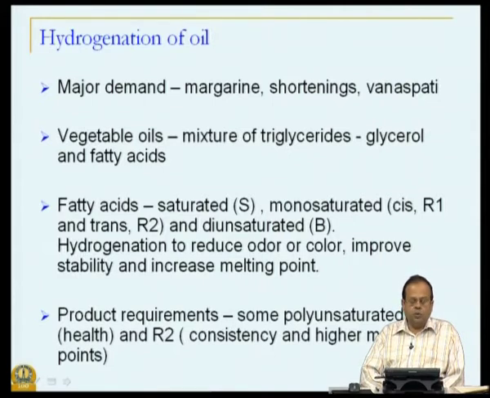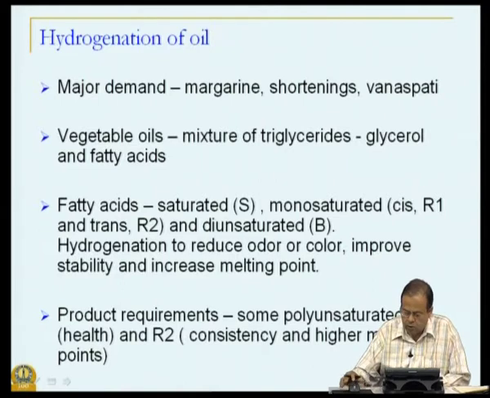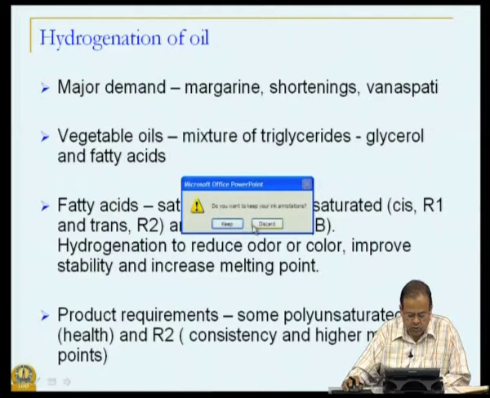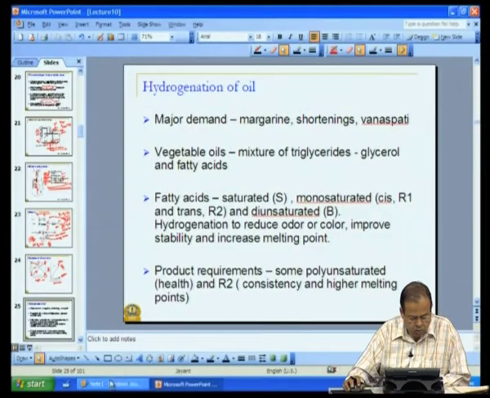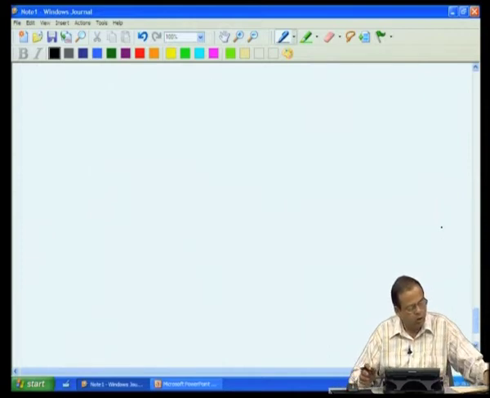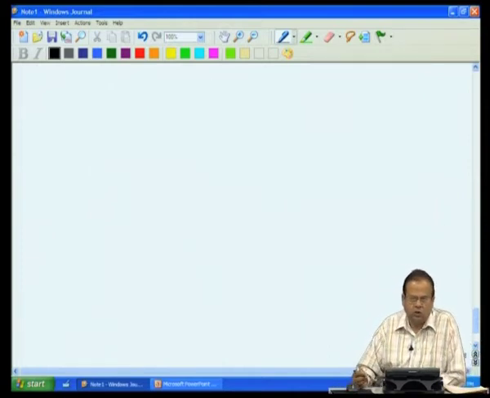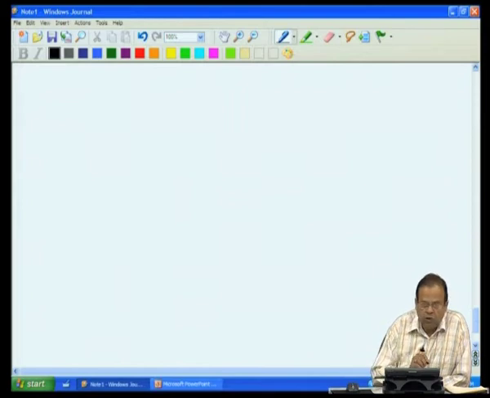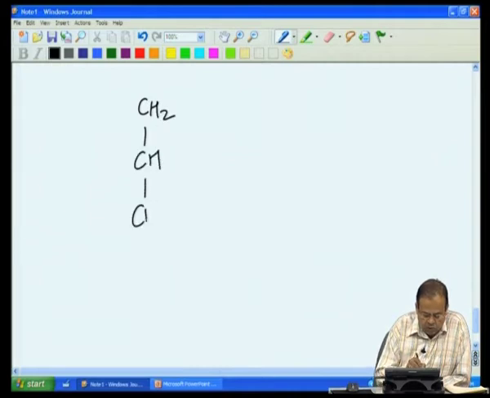So, what happens when you hydrogenate oil? Let us see what oil is. As you know, oils, for example, if you take cottonseed oil or any such oil, it is actually a triglyceride. So, it is an ester of glycerol, whose basic backbone is this.